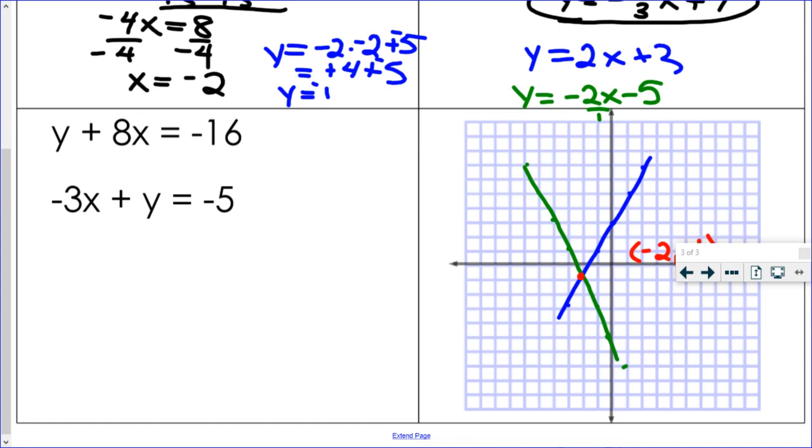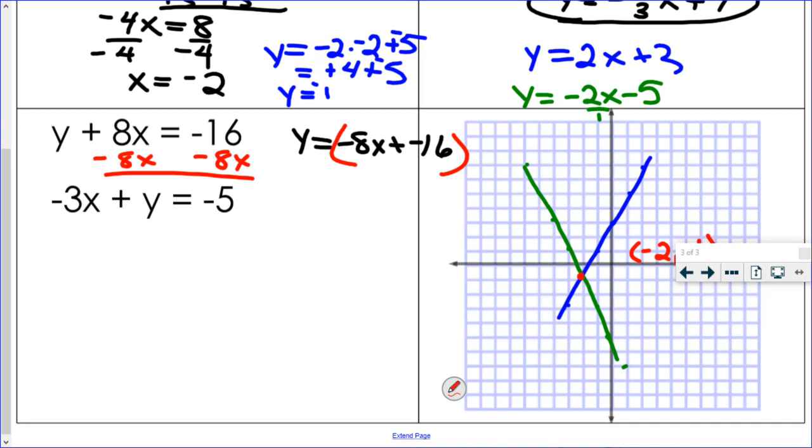Now, remember, when we minused that 8x, we got y equals negative 8x plus a negative 16. I put that in parentheses, and I put it in for y. So then I would substitute anywhere I saw a y, negative 8x plus a negative 16.